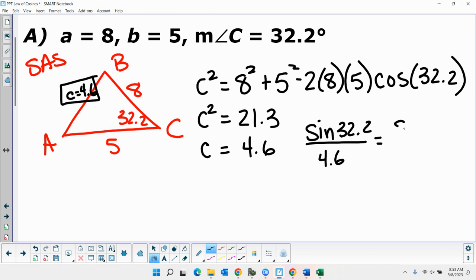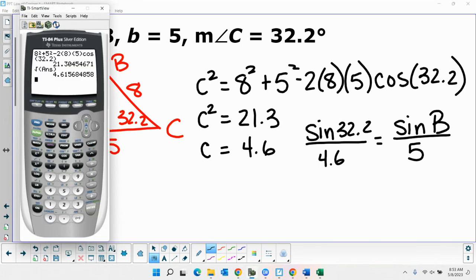Equals the sine of angle B, because it's the smaller one, over the 5. Because 5 is opposite angle B. So we'll cross multiply. 5 sine 32.2, close it up, cross multiplying, divided by the 4.6.